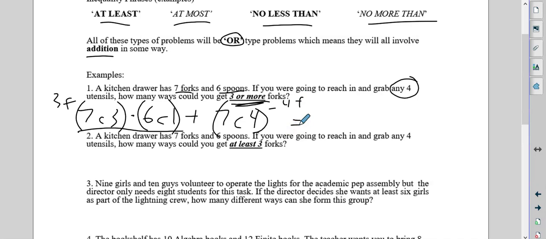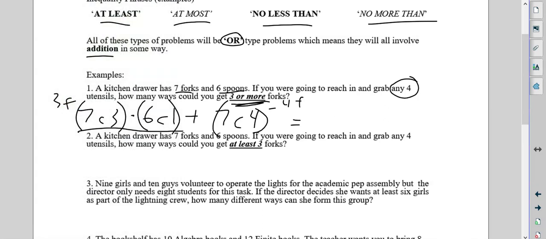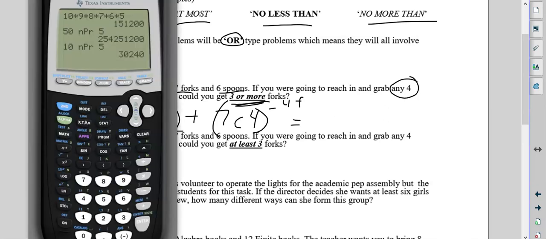Now, what we've been doing, I'll do this first one, but then after that, I don't think you need much on that. So we're going to do 7, math, PRB, nCr, 3 forks. And that gives us 35. And 6 combination 1 spoon.